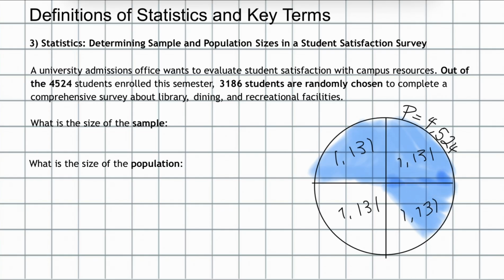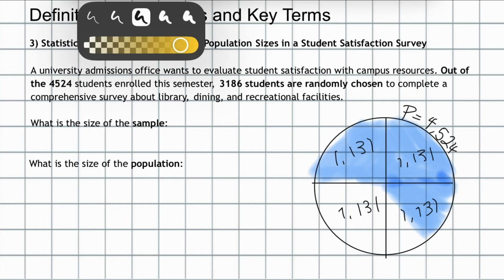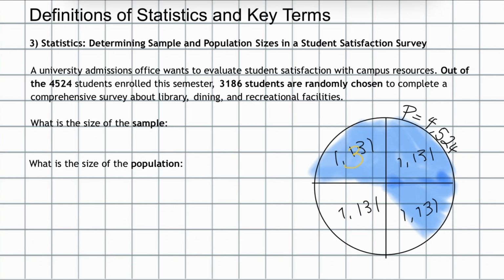So these are the students that were randomly chosen to complete the comprehensive survey about library, dining, and recreation facilities. Out of 4,524 students, I'm going to place here an approximate 3,000, combining all of this.